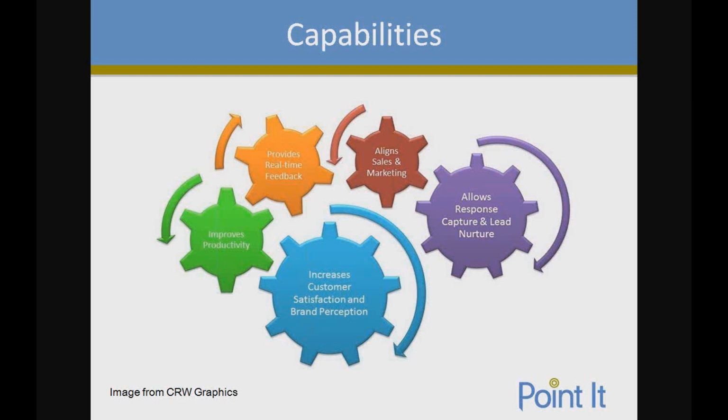With that seamless connection between your marketing automation platform and your CRM, you're able to align sales and marketing in terms of sales knows what marketing is doing, and marketing knows that sales is following up on the leads that they're generating.